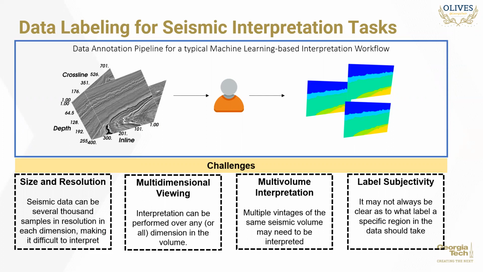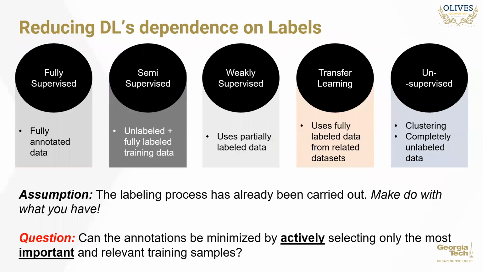Multi-volume interpretation: sometimes you can have more than 10 different volumes for the same site, all coming from different acquisition parameters for the seismic setup on that site. Label subjectivity, something we already looked at before, is another problem that often happens with interpretation of seismic data. The net result is that it makes it really difficult to train machine learning models on seismic data, because we don't usually have enough labels to work with.